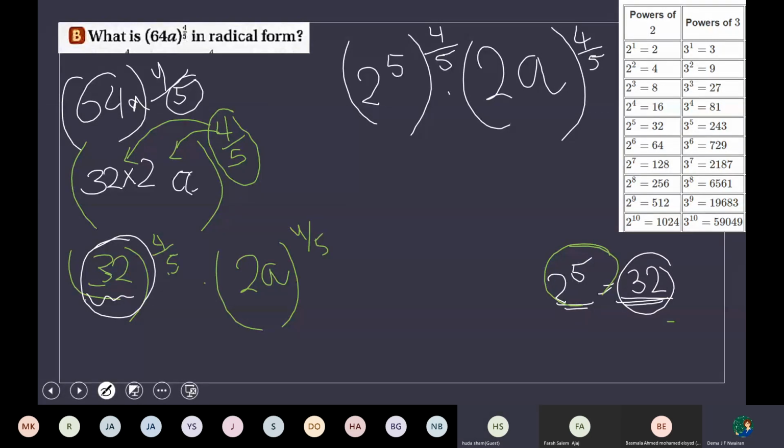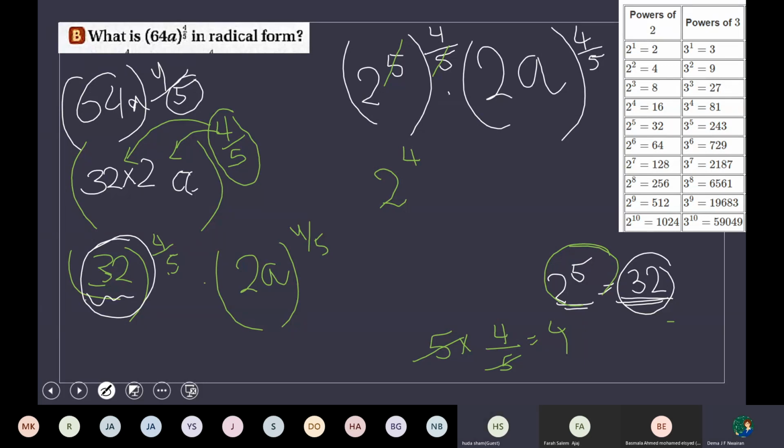What can I do? Did I multiply or subtract or add or divide? Multiply. 5 times 4 over 5. What will you get? 4. You will get 2 raised to the power 4. It's like 5 multiplied by 4 over 5. By simplifying, you just get 4. So you have only 2 raised to the power 4.